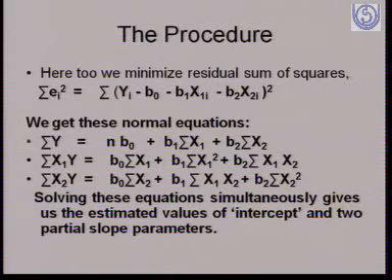We again differentiate the function with respect to b0, b1 and b2 now, and this gives me 3 normal equations. Earlier on we had 2 normal equations, now we have 3 normal equations, and when we solve these 3 normal equations simultaneously, we will get estimates of b0, b1 and b2.